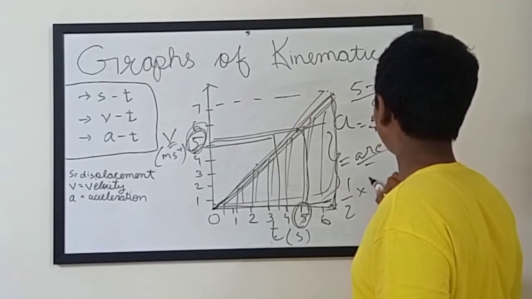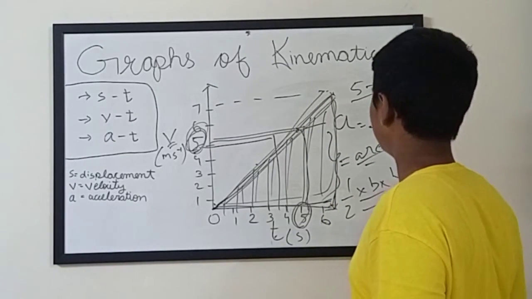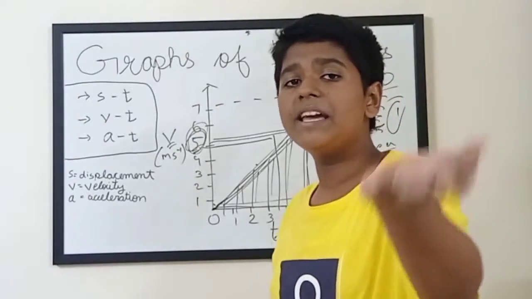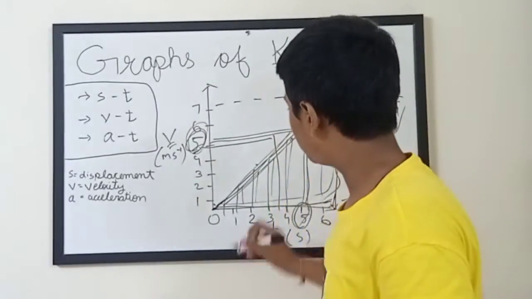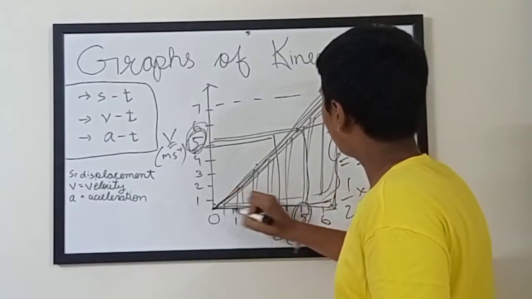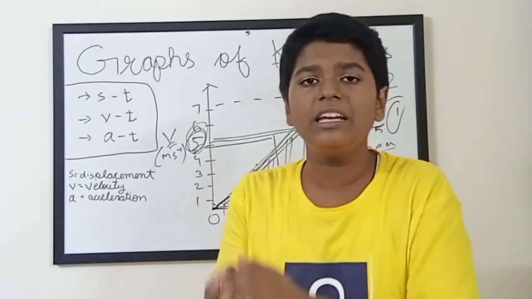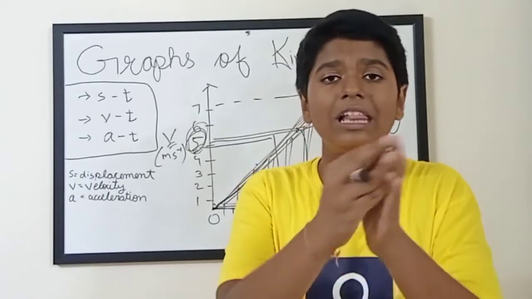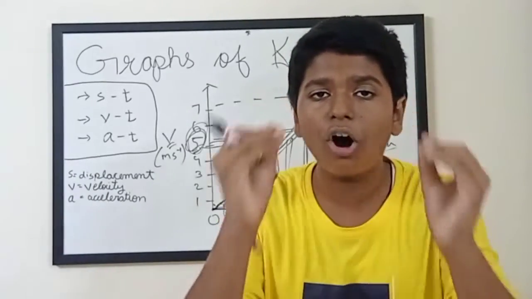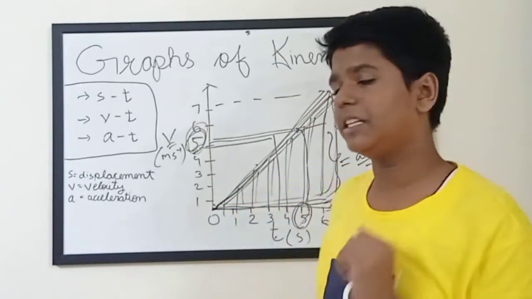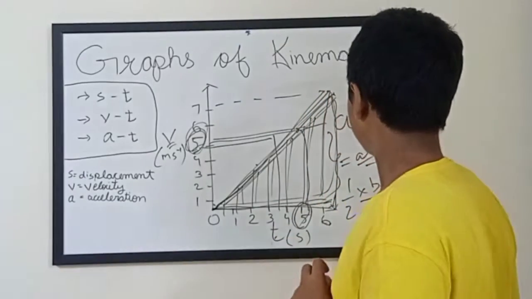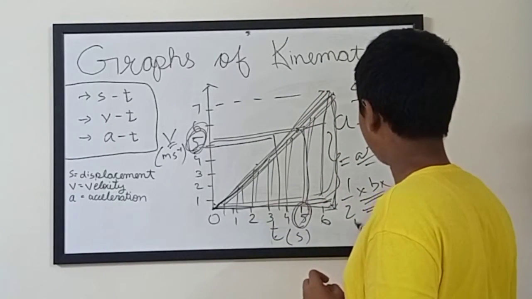You need to do half into base into height. Why am I doing half into base into height? Because the shape formed here is a triangle. If the shape formed was a rectangle, then you need to do length into breadth in order to find the displacement of the body. So half into base into height.